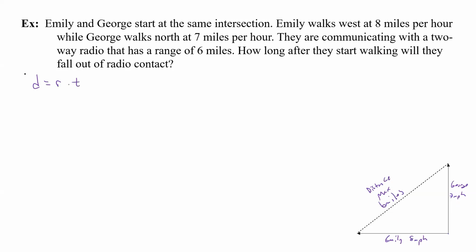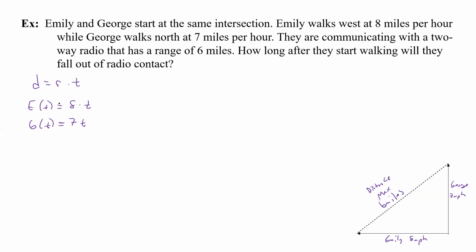Okay. Well, we have Emily's rate. So Emily, and if we call it E of t, that's going to be 8 times t. We don't know what t is, that's what we're looking for. And George, if we call him G of t, he is 7t. Okay. So we know both of their distances basically, which is our rate times time, and that's a distance, and that's a distance.